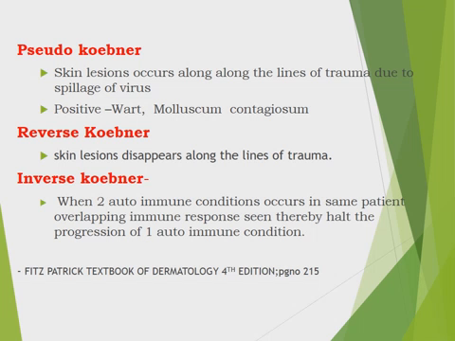For example, if a patient has both alopecia areata and scalp psoriasis, in alopecia areata, hair follicles are destroyed due to autoimmunity. But in a psoriatic plaque, there is retainment of hair follicles. So psoriasis will halt the progression of alopecia areata. That is inverse Koebner or Renbach phenomenon.